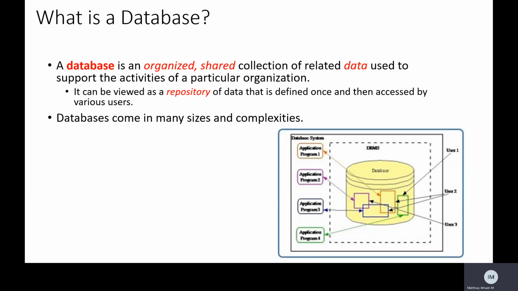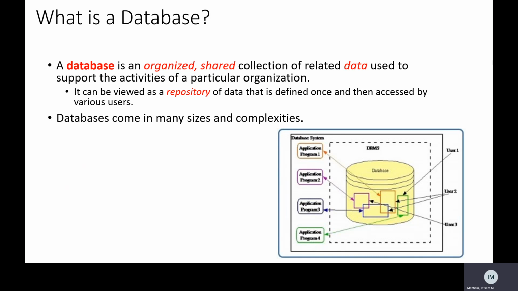Now, databases come in many sizes and complexities. You can create a database of your collection of books and movies and electronic devices at home. You might be storing information about when did you purchase them, how much they were, is there any warranty associated with your devices, when does the warranty expire, the phone number of the company that you need to contact in case you need warranty help, support.